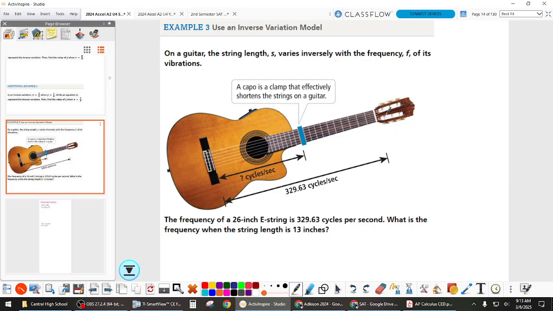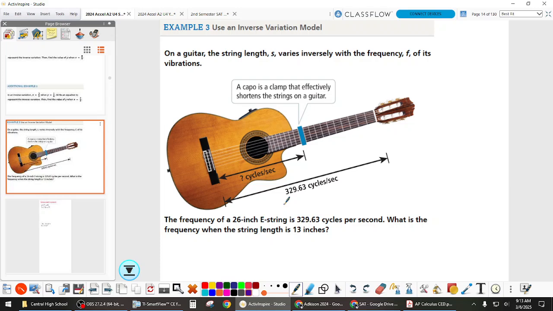But if you've done sound physics yet, the relationship between cycles per second is called hertz, or frequency. That's what makes the pitch of sound that we hear. The higher this number, the higher the pitch, and the lower, vice versa.